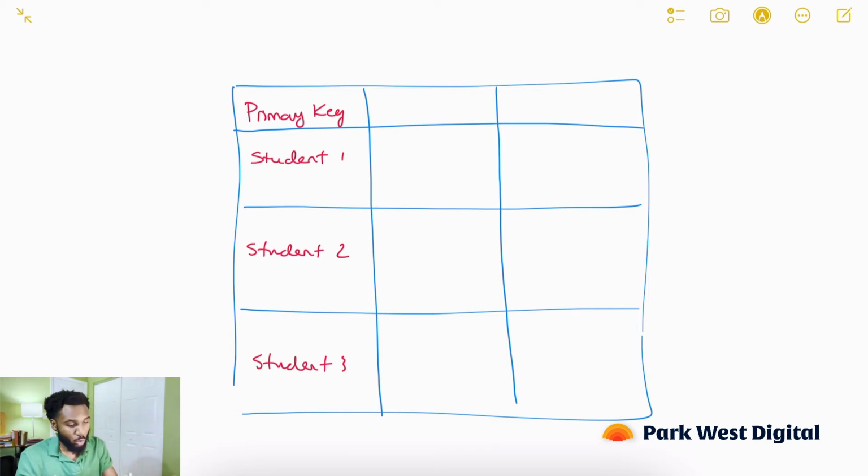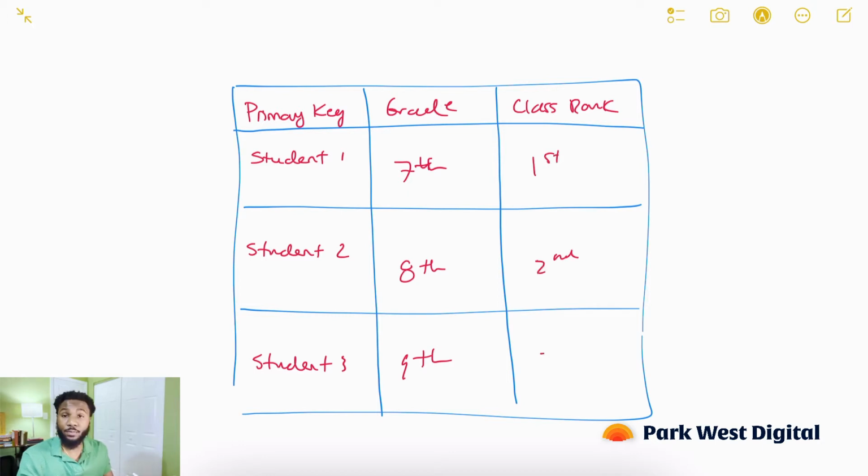Let's also store our grade. So our grade for each of these students, maybe we have 7th grade, 8th grade, 9th grade, okay? And let's store one more attribute about our students, which is their class rank. 1st, 2nd, 3rd. Now this seems super basic, right?